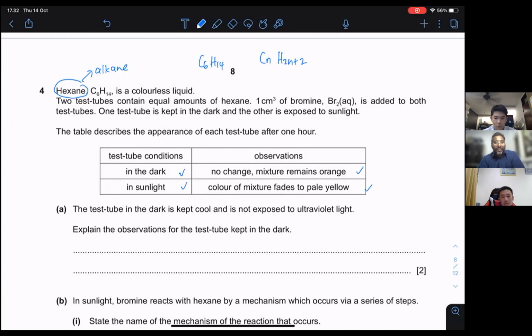So, explain the observation for the test tube kept in the dark. So no reaction. Why?